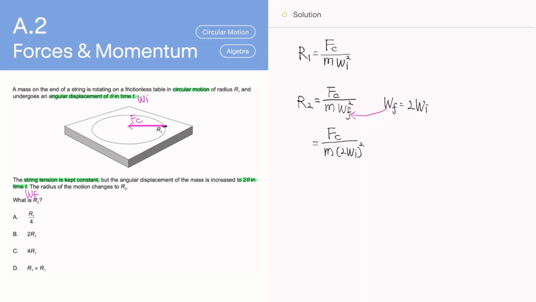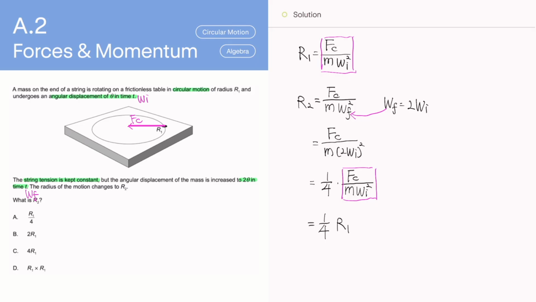And we can further simplify it. And we get this. And we can compare this expression with this expression. And you can tell that they are the same. So we can replace this expression with R1. And this gives us the final result. R2 equals 1/4 of R1.